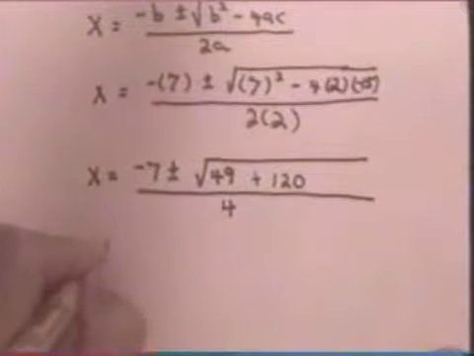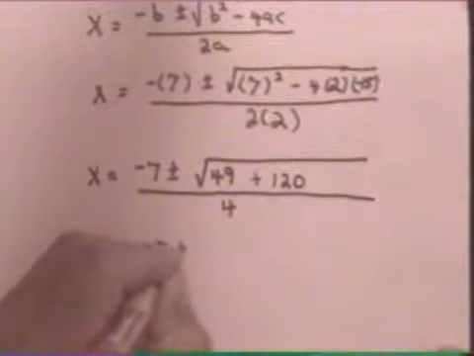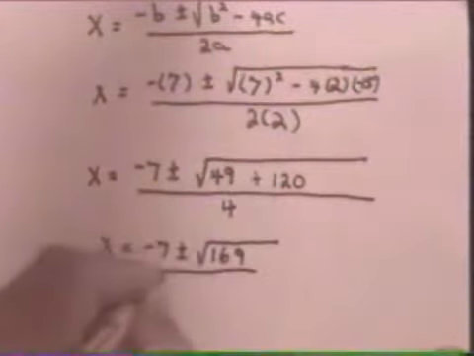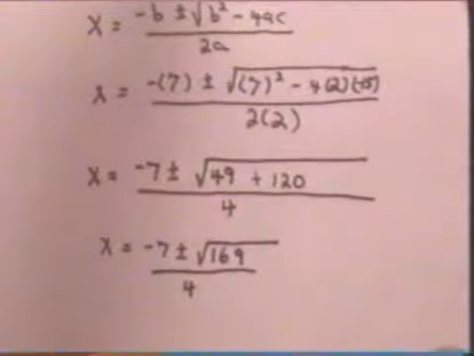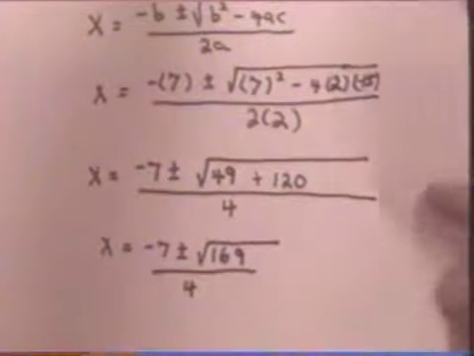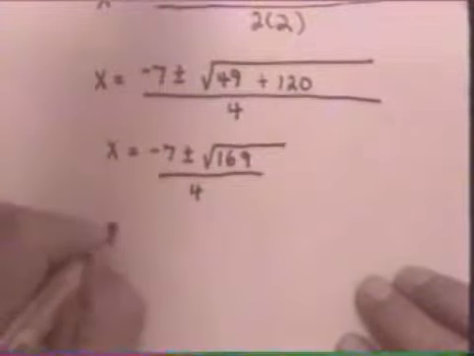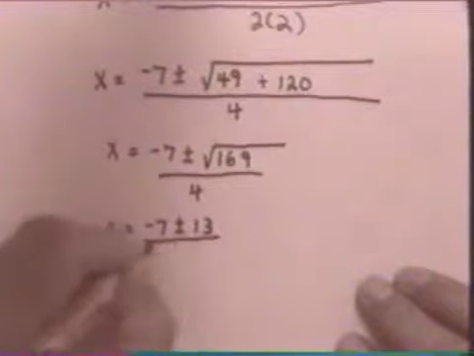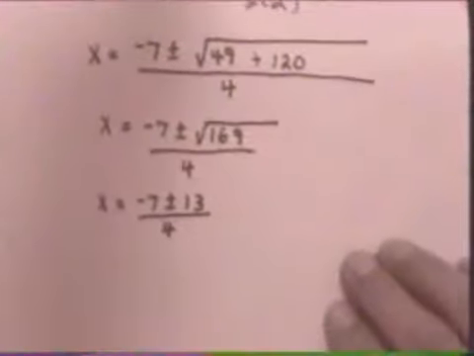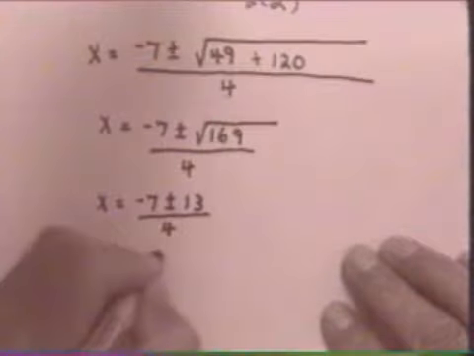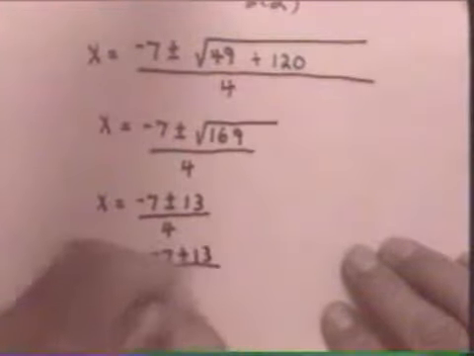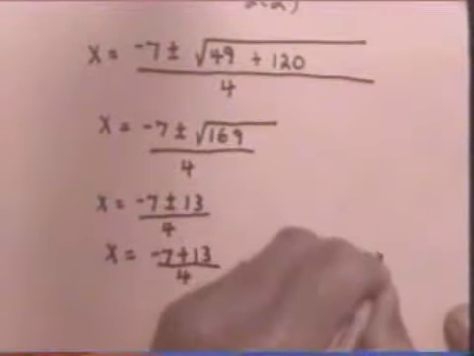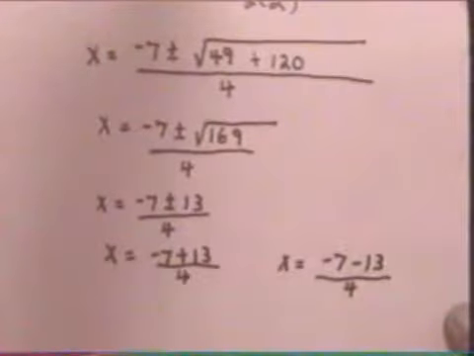Continuing, I get x is negative 7 plus or minus the square root of 169 over 4. Now the square root of 169 is 13. So I can write this as x is equal to a negative 7 plus or minus 13 over 4. Or I get x is negative 7 plus 13 over 4, or x is equal to a negative 7 minus 13 over 4.